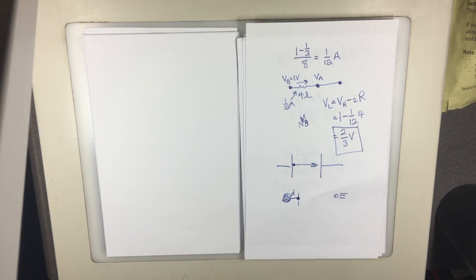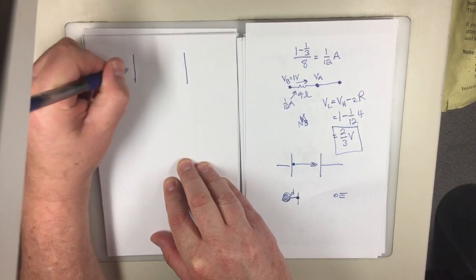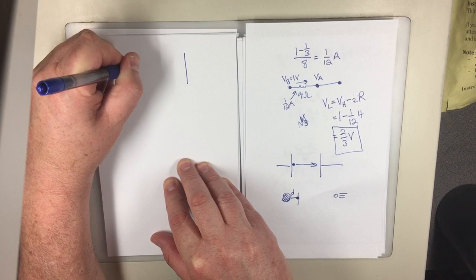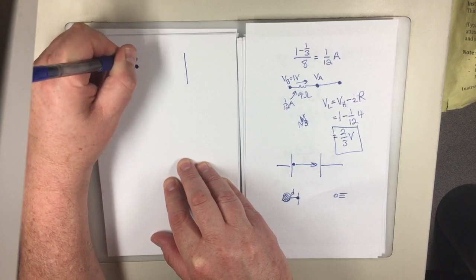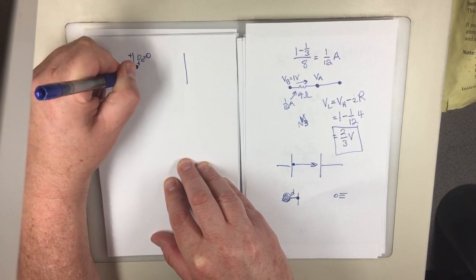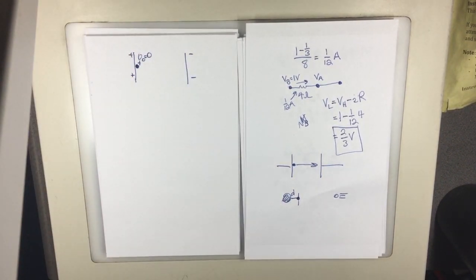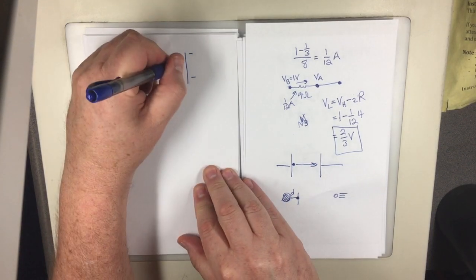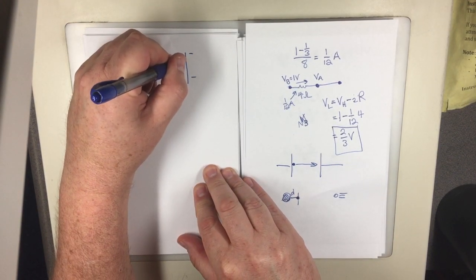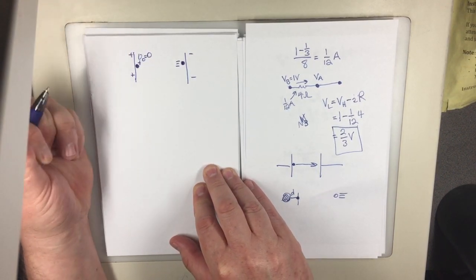Potential problem. You have a charge here. Initial velocity is 0. It's positive plate, negative plate. You let it go, and it moves across, and remember, this is dynamically done.